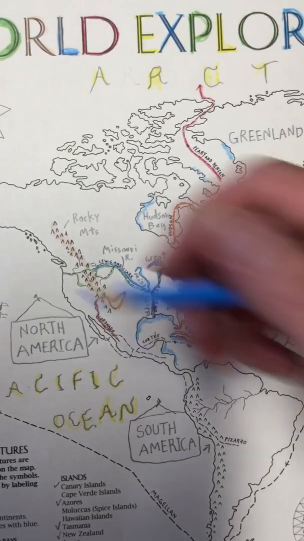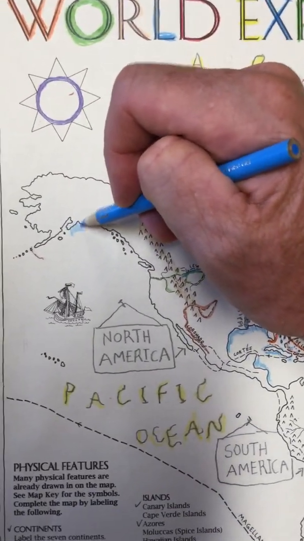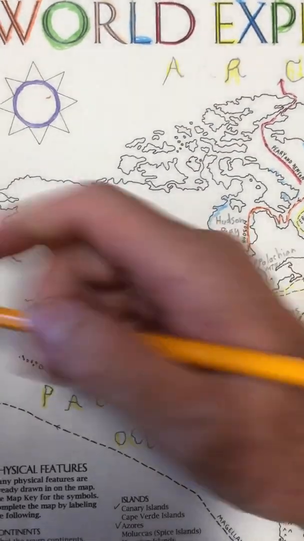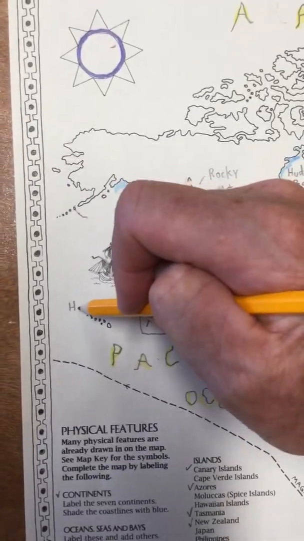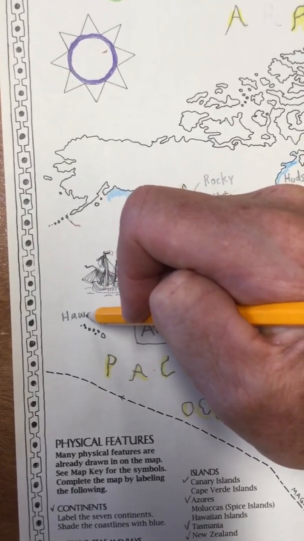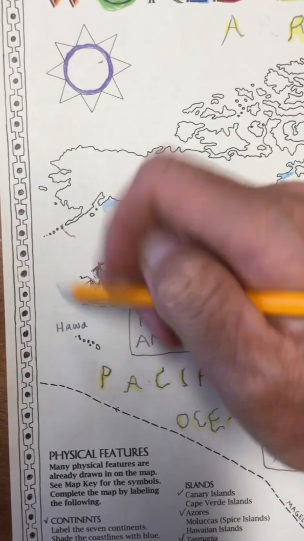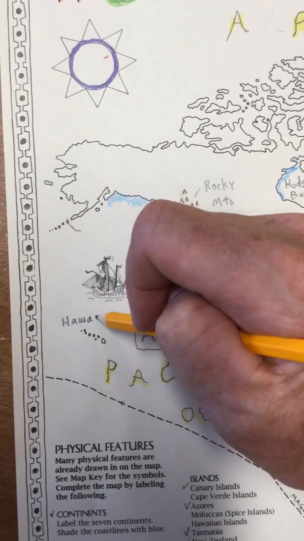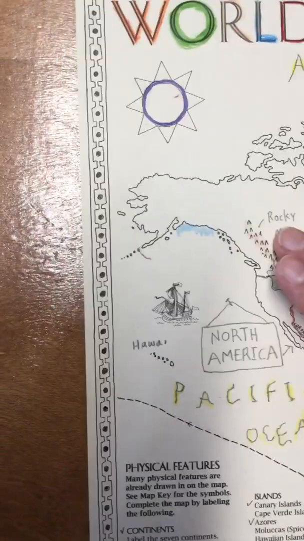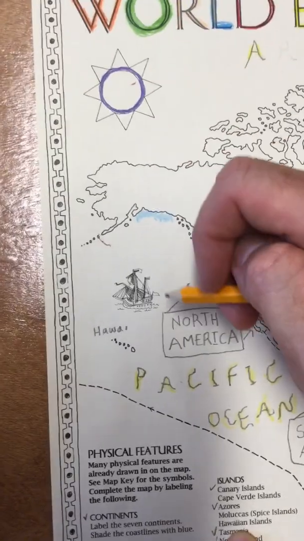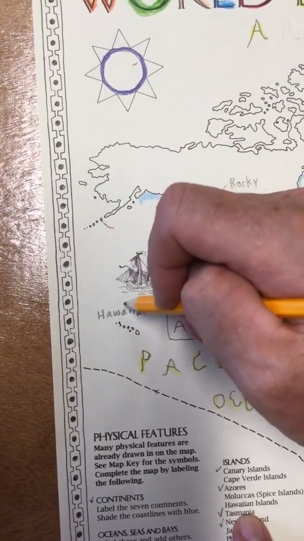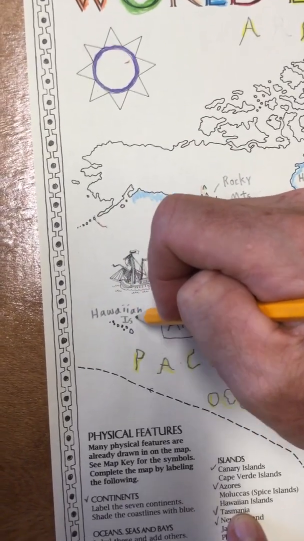Okay, and you can put some. Now we did Greenland. Let's also label the Hawaiian Islands. Hawaiian Islands.